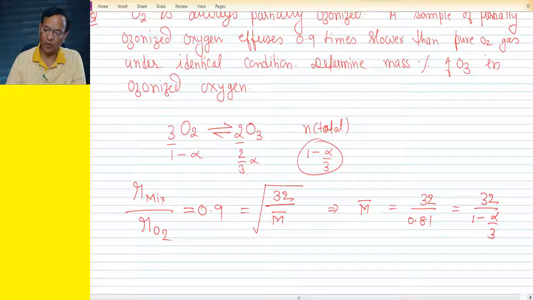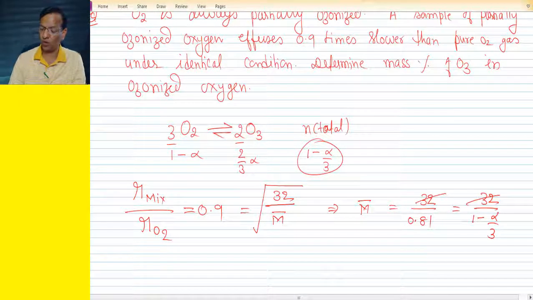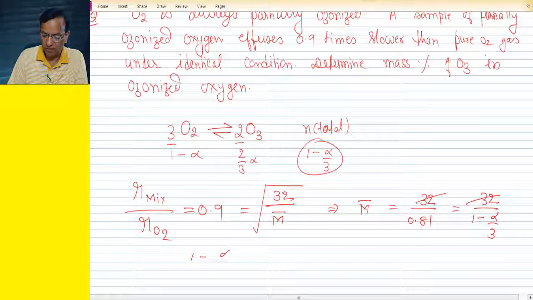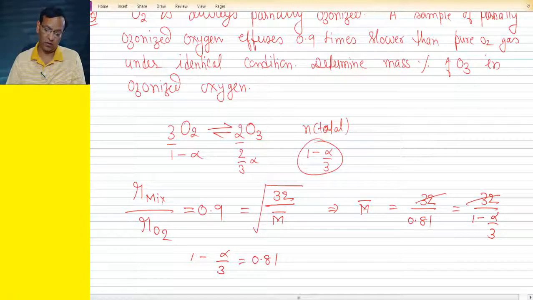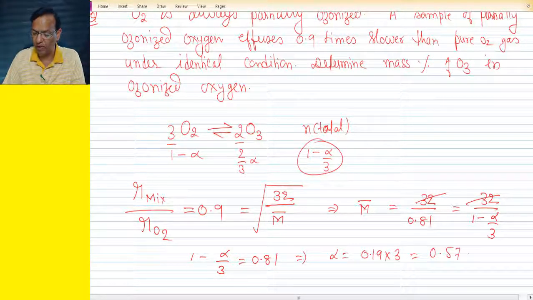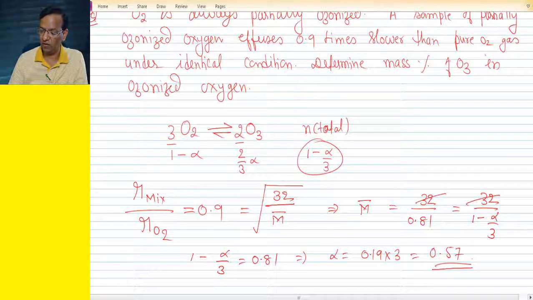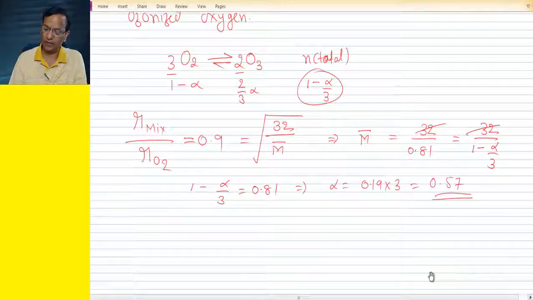So 32 will cancel out, giving 1 minus alpha by 3 is equal to 0.81. So alpha will be equal to 0.19 into 3, that is 0.57. So 57% of oxygen is ozonized.